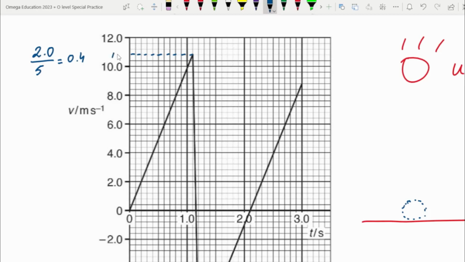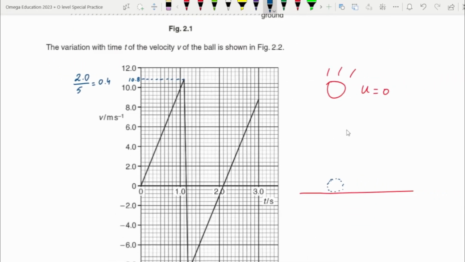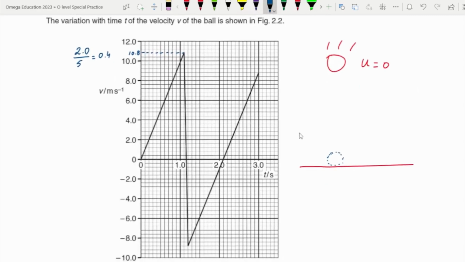So this is 10.8. Then the next one would be 11.2, then 11.6, and then the final one would be 12. So just before hitting the ground, the maximum velocity that is possible for this ball would be 10.8.